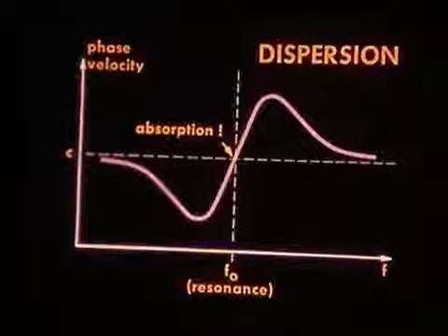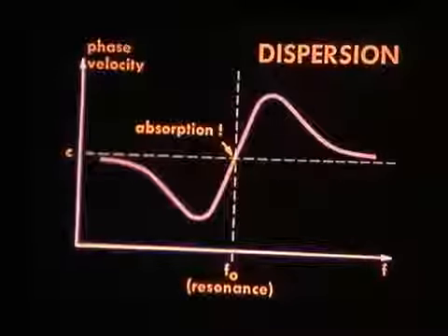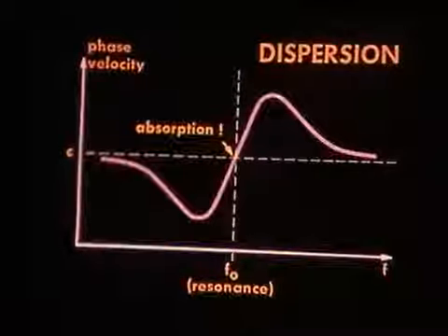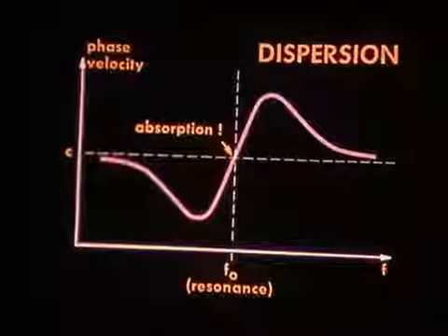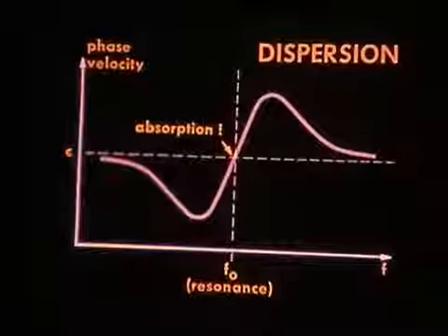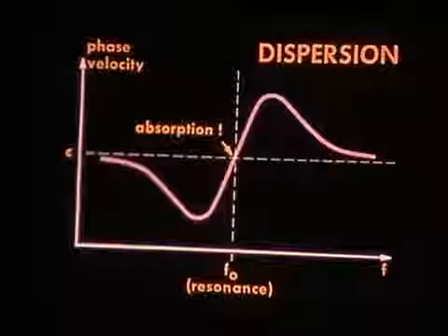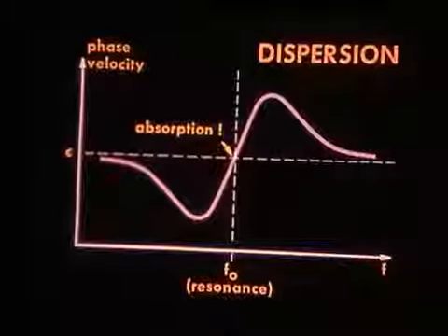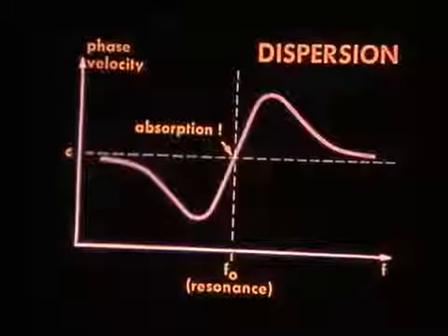Our curve is called a dispersion curve. It tells the story about what happens to light in the neighborhood of a frequency where its medium has a resonant response. Below resonance, the phase of light moves more slowly than in vacuo, and a beam obliquely incident on the material will be bent toward the normal.